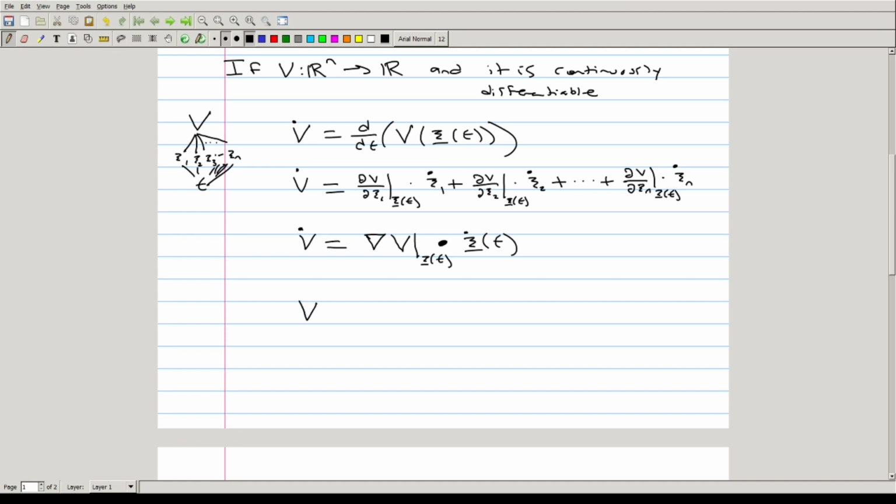Or if you want to use primes, which might be a better notation to indicate the derivative, this is the gradient of v dot product with xi prime of t. And because xi prime satisfies the differential equation, this is the same thing as the gradient of v at xi of t dot product with the vector function g evaluated at xi of t.